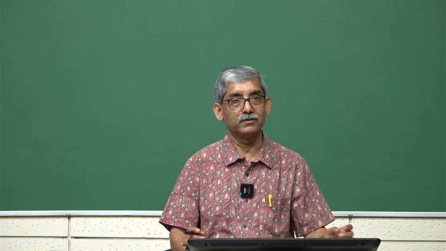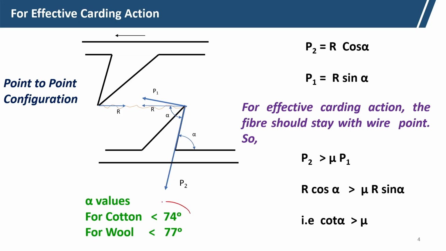In the case of cotton, alpha is lower than in the case of wool. Cotton is less than 74 degrees, because a lower angle means the cot alpha will be higher. For cotton we need a higher value, because the fiber length is less, so the holding power has to be increased.